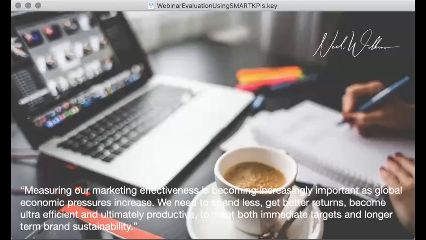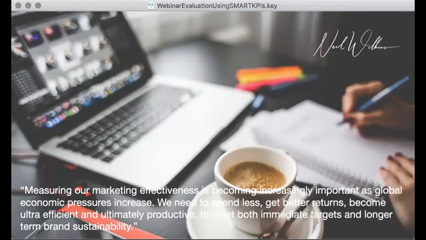So really what we're doing here is looking at improving the measurement of our marketing effectiveness. We all know as marketers, we're doing our best, it's busy times, it's all very complicated out there. There's a lot of chaotic noise and messages and counter messages going on. So with all of these global economic pressures also adding to this melee of noise out there, we need to make sure that we are super effective.